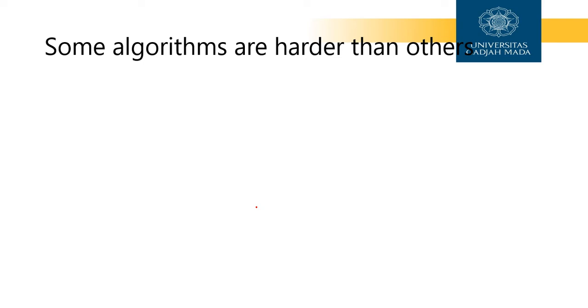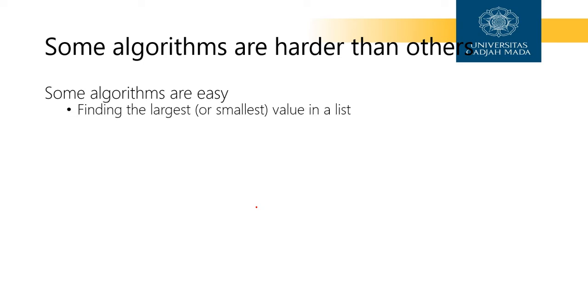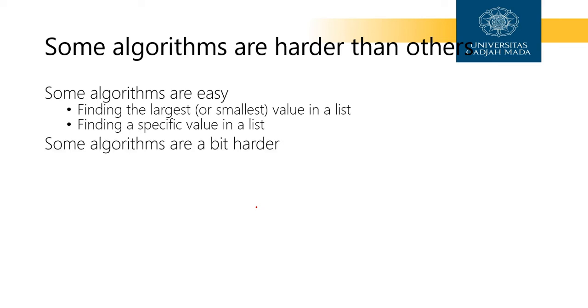Some algorithms are harder than others. Some algorithms are easy, like how to cook instant noodles. It's quite easy. To be exact, we can also say that it is easy to find the largest value in a list, or to find a specific value in a list.